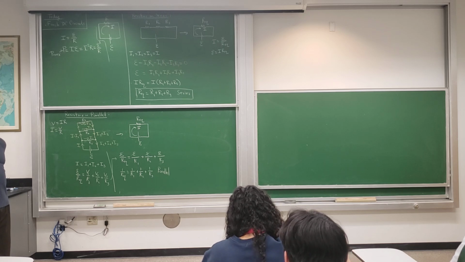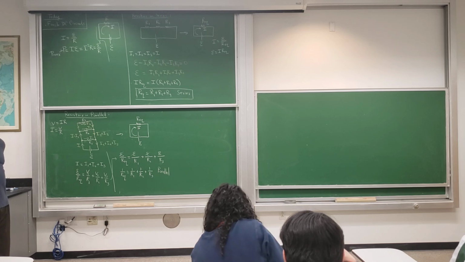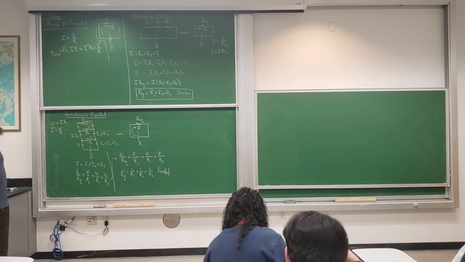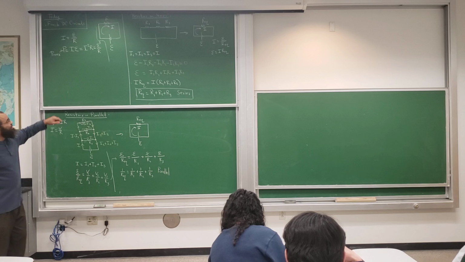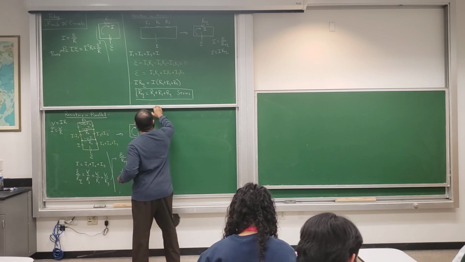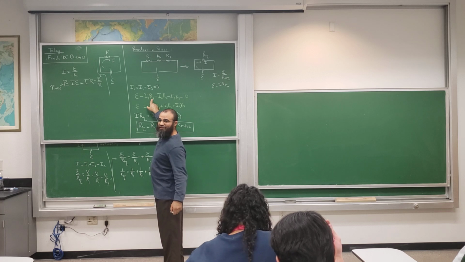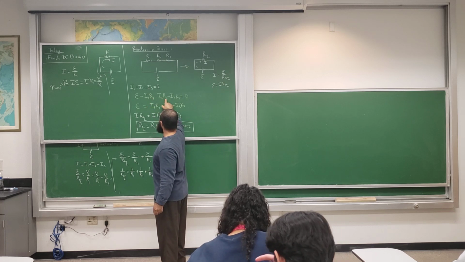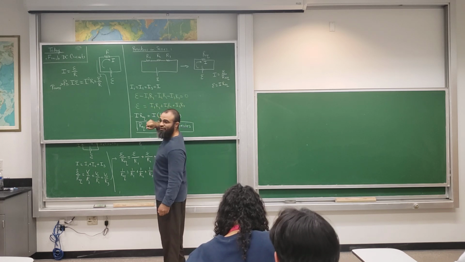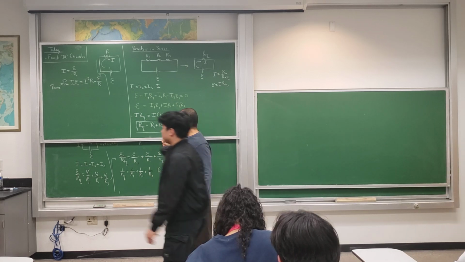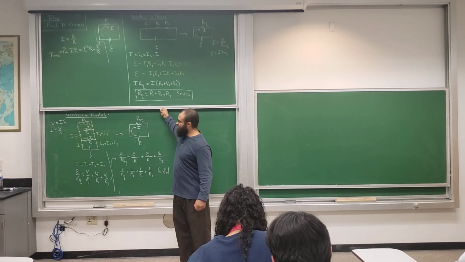So the voltages are equal when it's in parallel. Are they equal when it's in series? No, they're not. In series, V1 is I1 R1, and V2 is I2 R2, V3 is I3 R3. For the board number E, you had I minus I1.